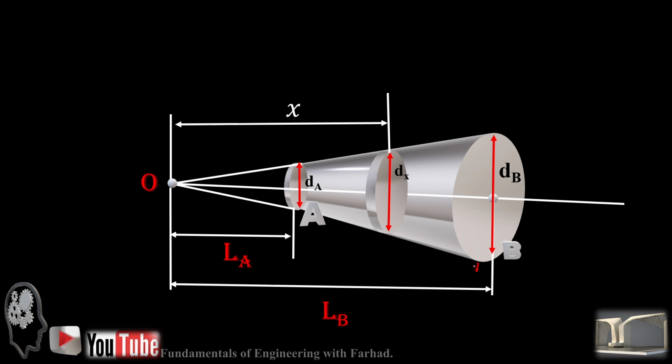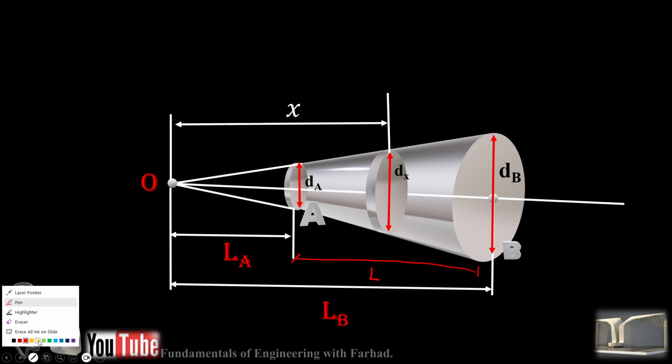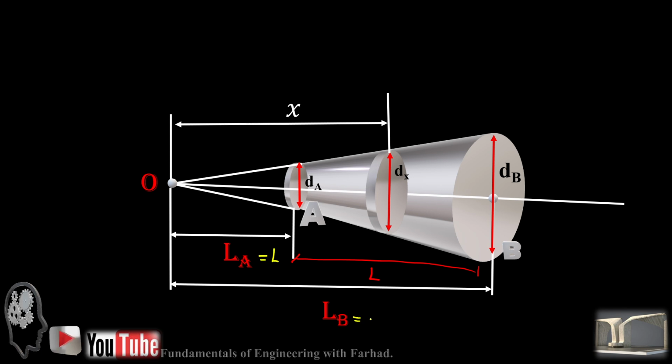So if the total length of our tapered cone is L, the height provided in the problem statement, then it simply says we need the same length to reach O with the same slope, and LB is 2L from the origin O.